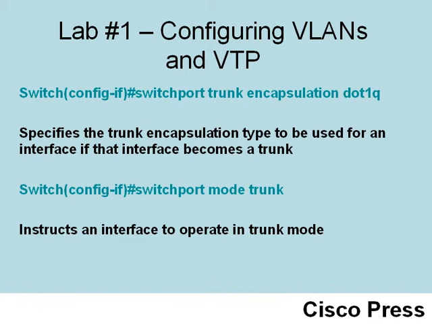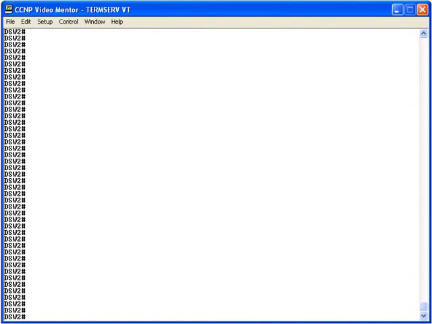Let's go back out now and configure this trunk on our switches. On switch DSW2, let's go into interface configuration mode, not for a physical interface, but for the port-channel 1 interface. This is the virtual interface that was created when we set up our EtherChannel.